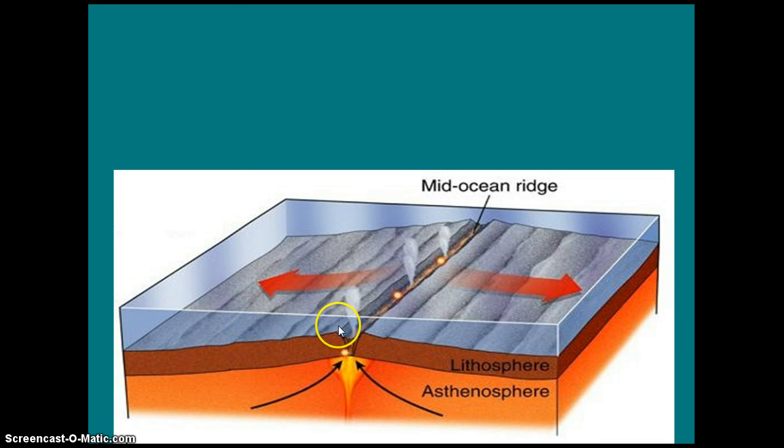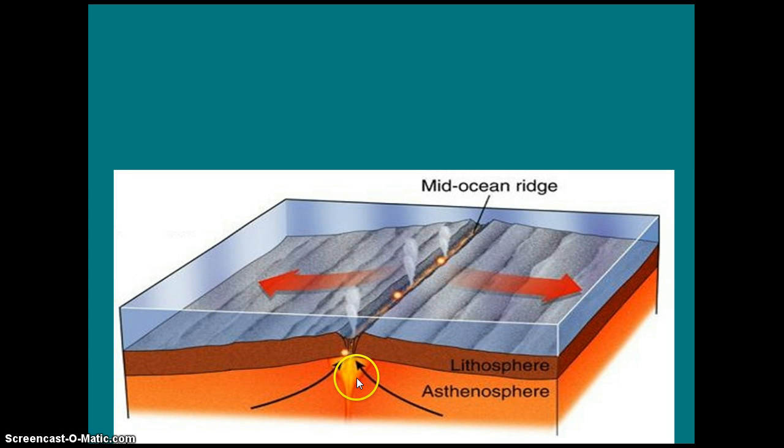So if you look on this diagram here, down here in the asthenosphere, which you learned that the rock is not completely solid. It's kind of like a plasticky, kind of like Play-Doh kind of material. Anyhow, as this comes up to the surface, it comes up as magma, and as that magma reaches the surface, it cools and solidifies.